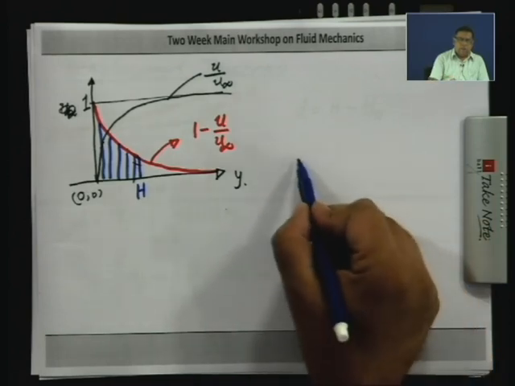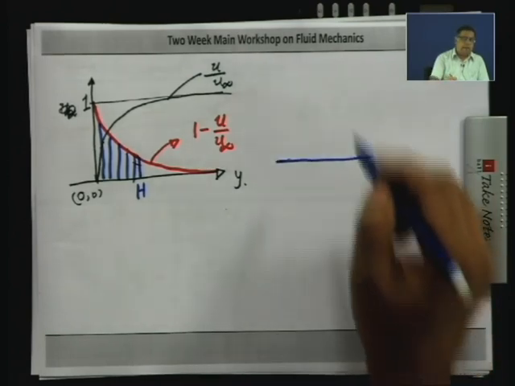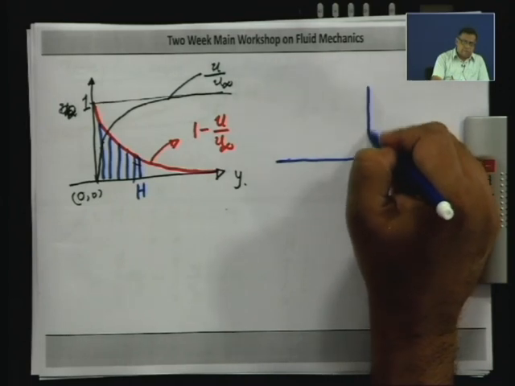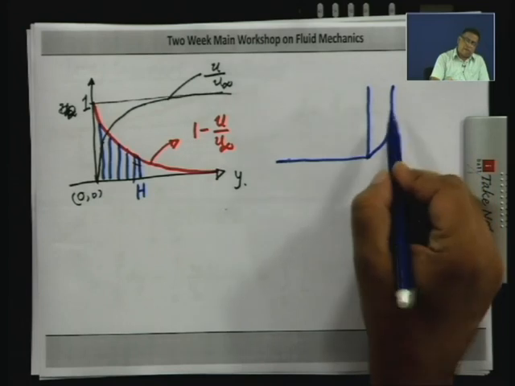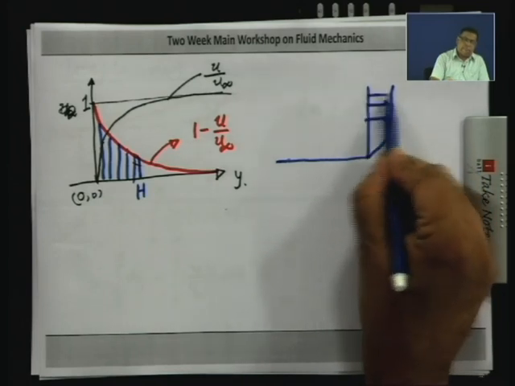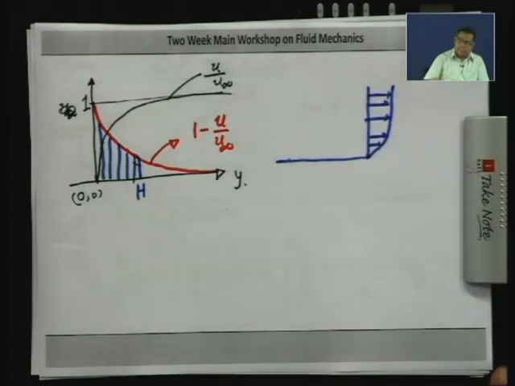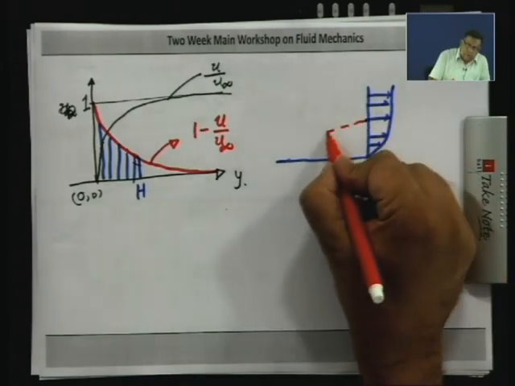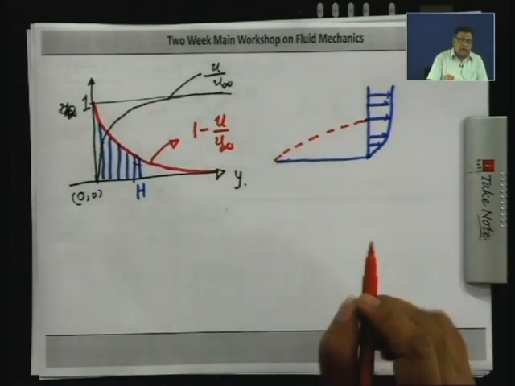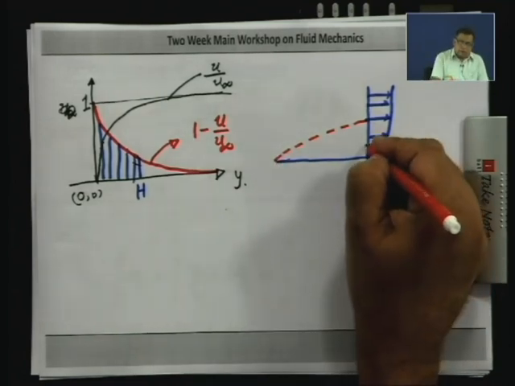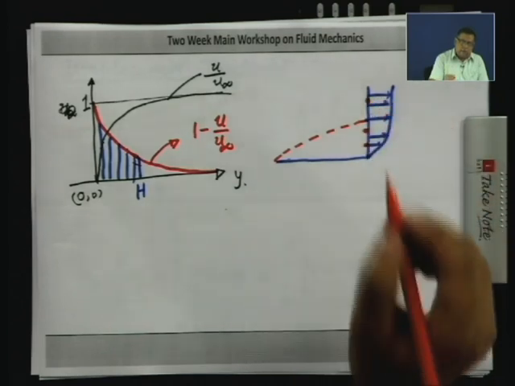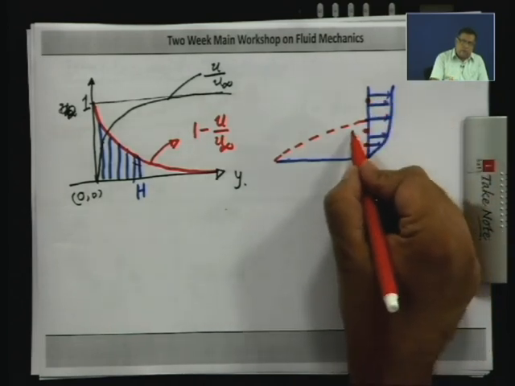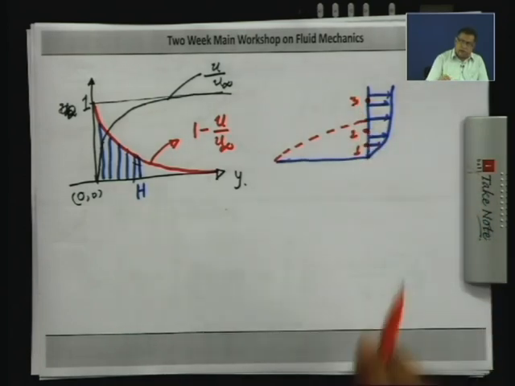Now, I will draw that plate again, and let us say this is the velocity profile. This dotted line is the edge of the boundary layer. Suppose I take 2 points or 3 points, say A, B and C, or I can call them 1, 2 and 3.